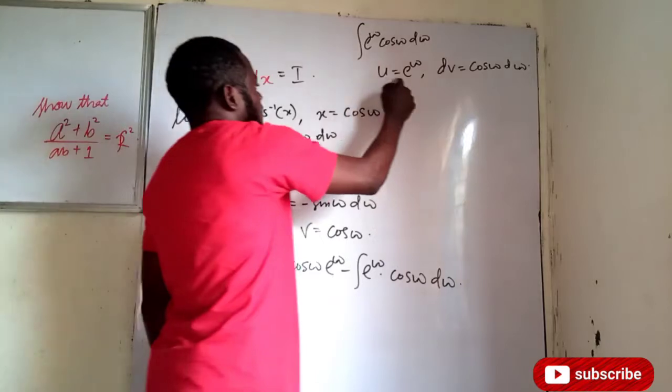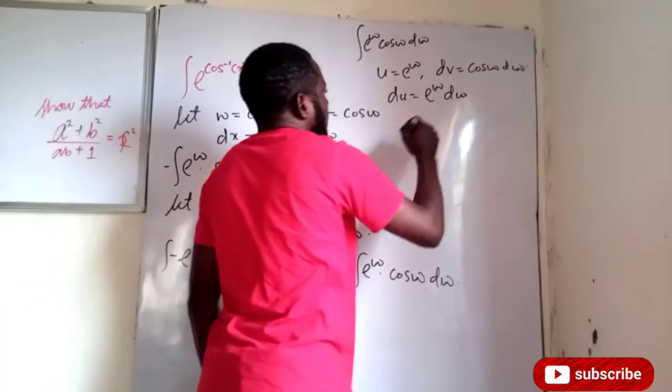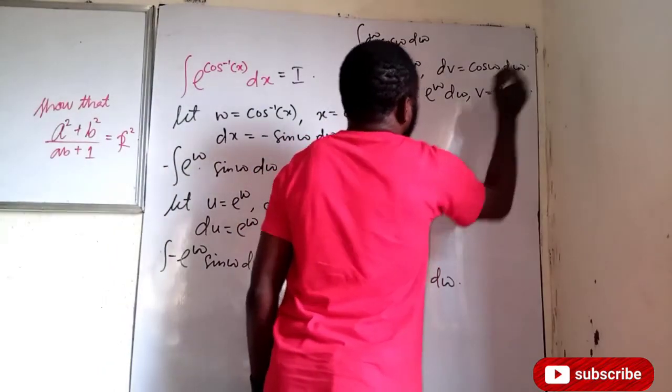Okay guys, this is going to give us that du is equal to e to power of w dw. Then we have v equal the integral of this, which will give us sine of w.